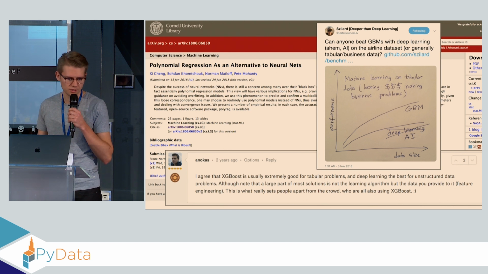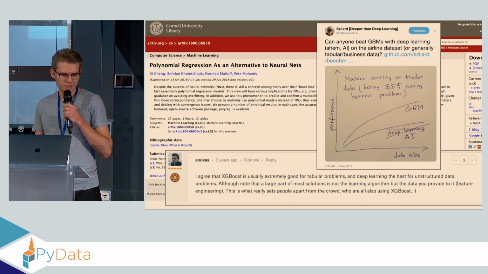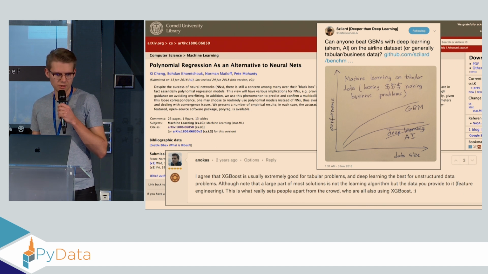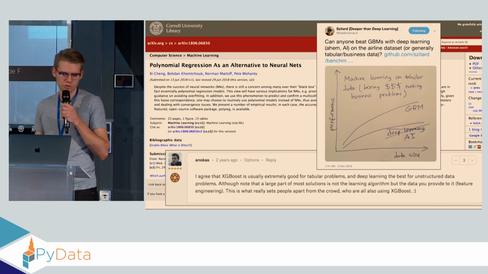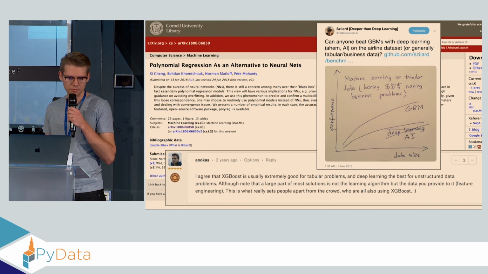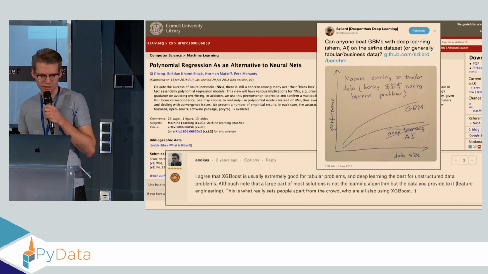For example, there's this paper by Cheng, Homchuk, Matlov, and Mohanty from this year, where they compare polynomial regression and neural networks, and on several examples they demonstrate even an advantage of polynomial regression over neural networks.